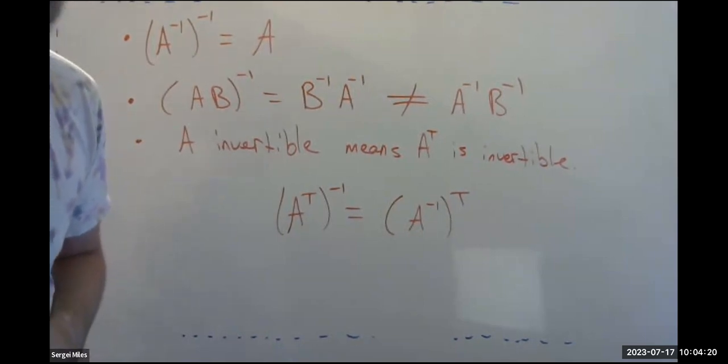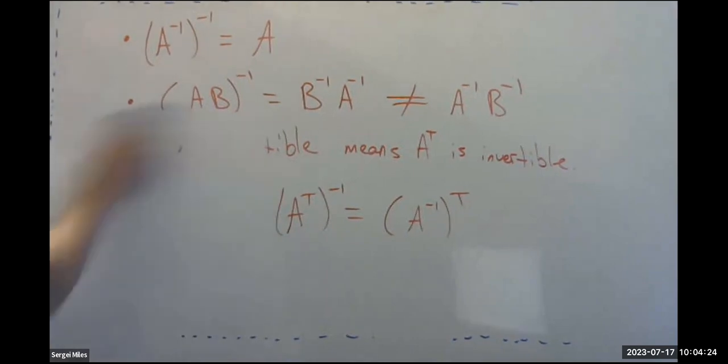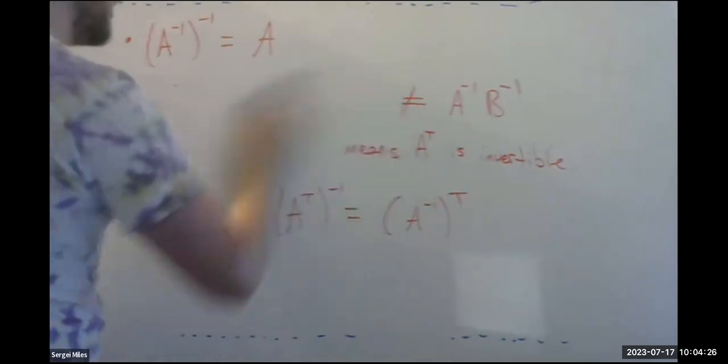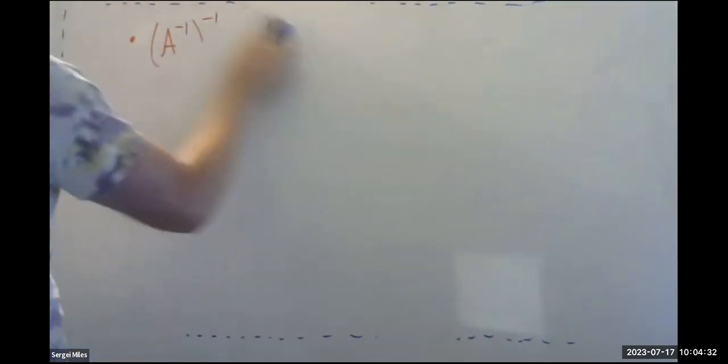Let's see. Trying to wrap things up. There are two other things I want to talk about real quick. So first, based on everything we've said, we can now write another theorem. All right.